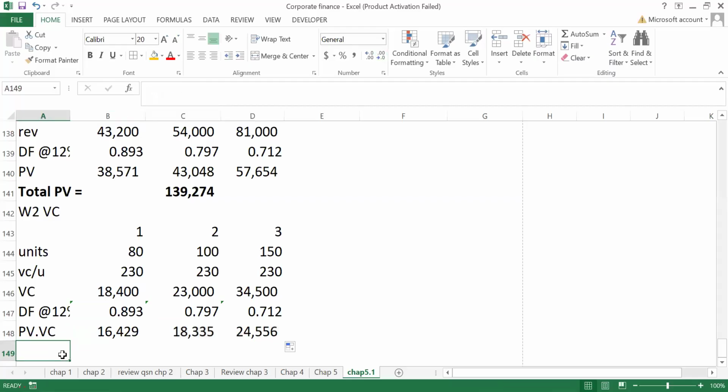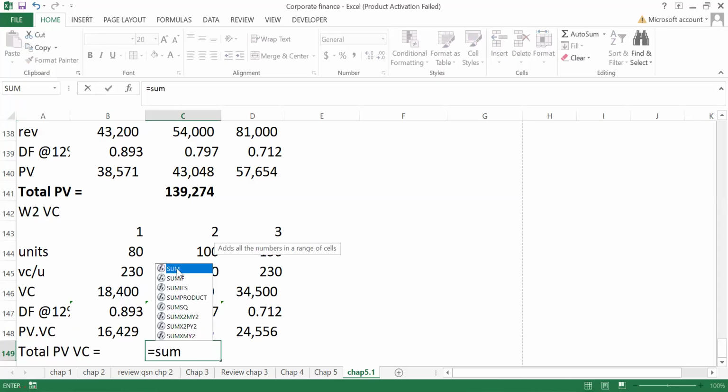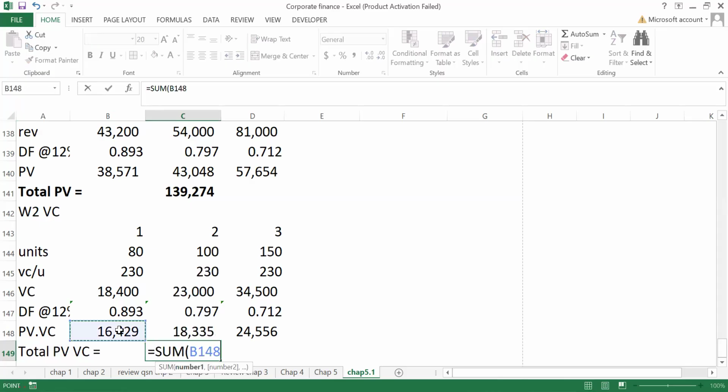So the total PV of variable costs, still I'm going to add all the 3 years.